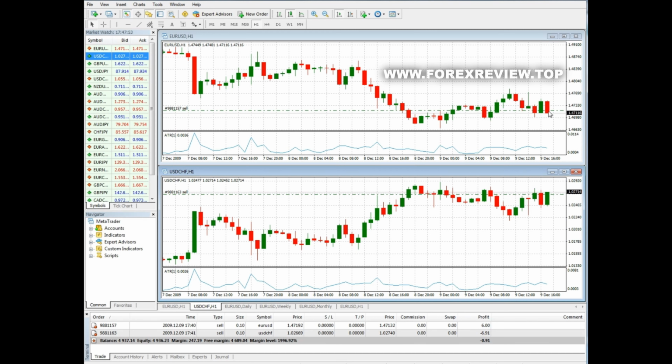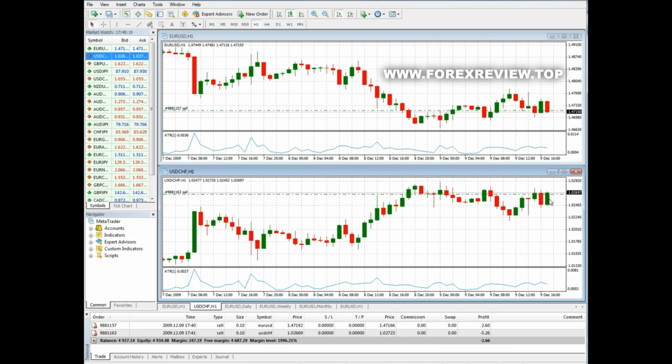So it starts to go up, the US dollar Swiss franc starts to go down, then you have an opportunity to grab some profit. And even though it's moving against you here, you're still making some money down here, where you can lock in 5, 10, 20, 30, 40, 50 pips or so as things move along.